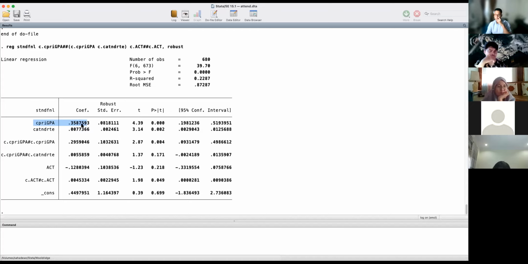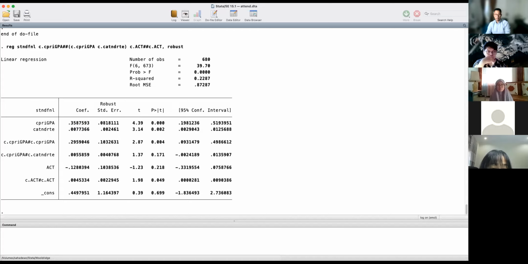This is the marginal effect of the unit increase in prior GPA for individuals with average attendance rate. However, the interpretation is a bit difficult. Why? Because we also see the effect of the squared prior GPA. Okay, so it's not as straightforward as that. But let's go and see.